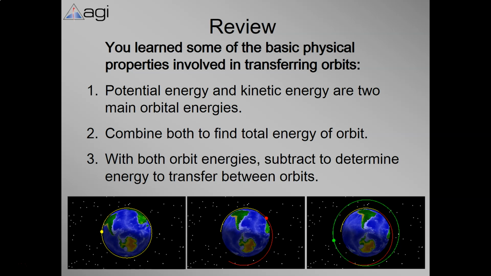And 3, with both orbit energies, you can then subtract them from each other to determine the energy to transfer between the orbits. Obviously, if I have to go to an orbit that's further out, I need to add energy to the system. And if I need to come into a closer orbit, I need to remove some energy from the system. I hope this makes sense.